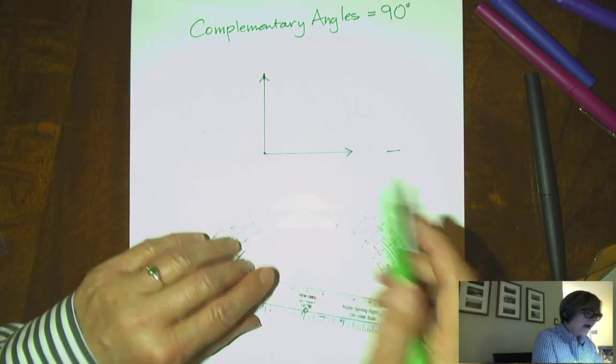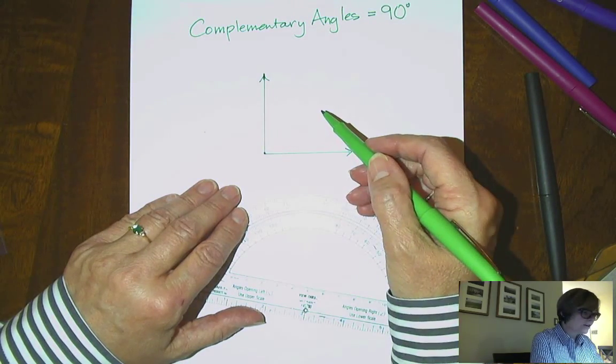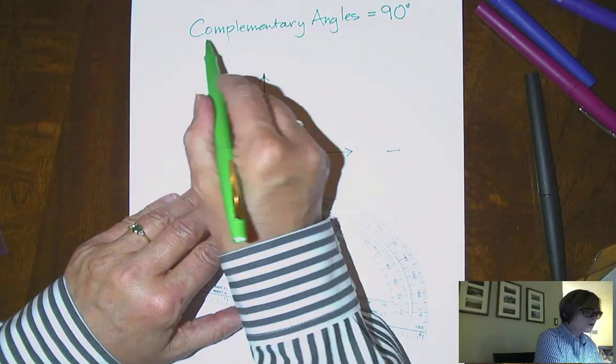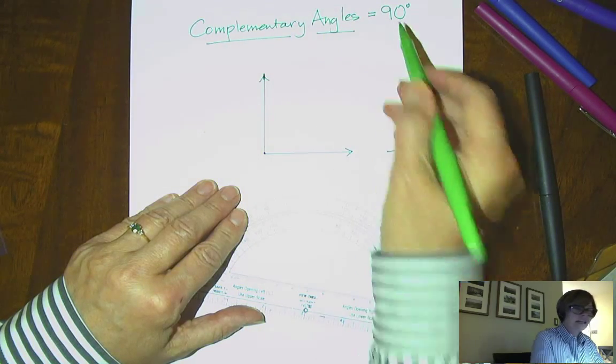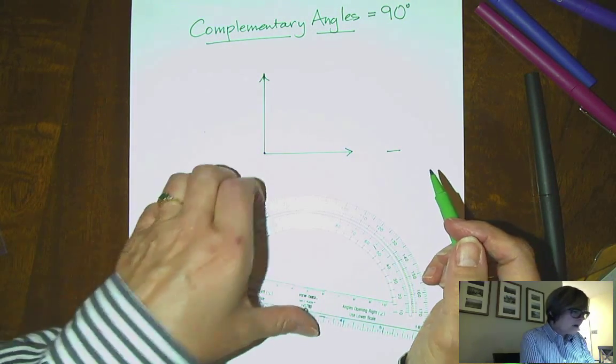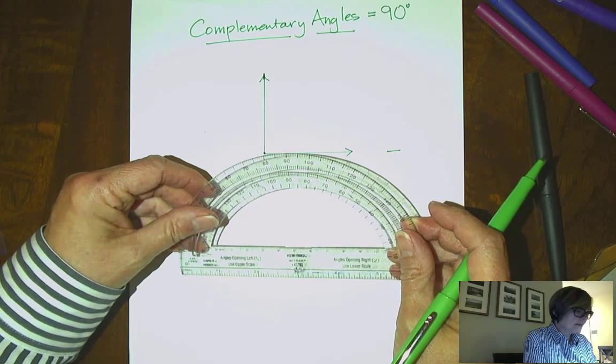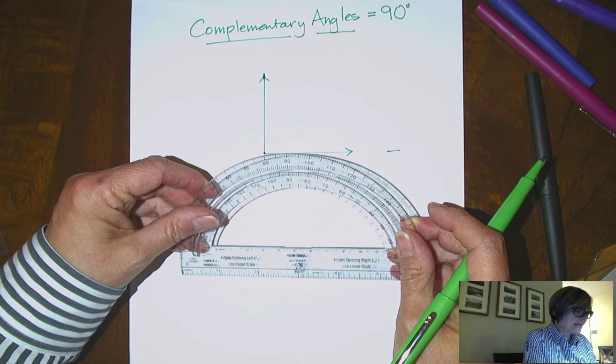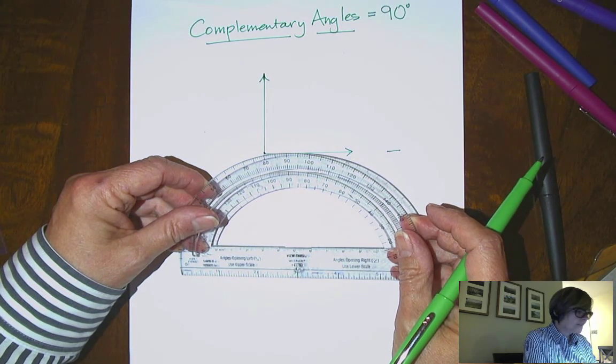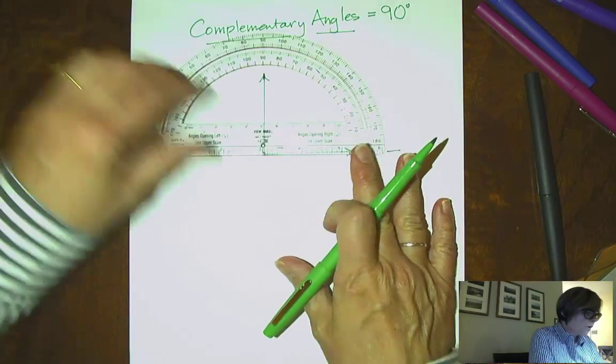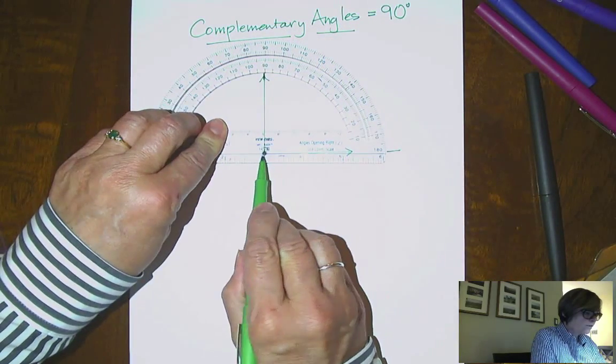Now I'm going to make an angle inside here so that together these become complementary angles that equal 90 degrees. Now I think I'm going to make a 70-degree angle. So to do that, I'm going to put the hole over the vertex.